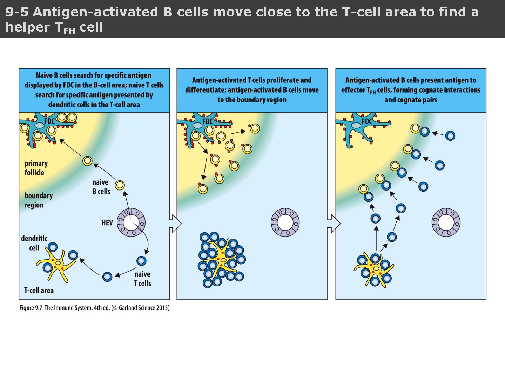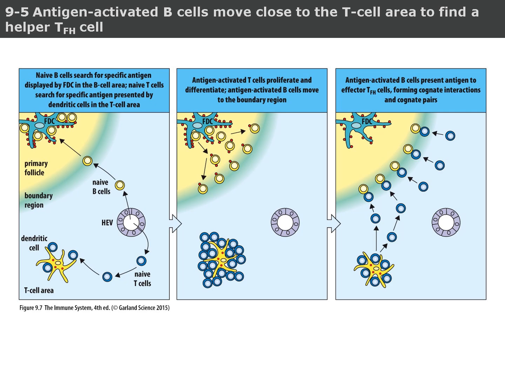In the middle panel, activated B cells begin to migrate toward the boundary region between the B cell and T cell areas, while activated T cells also proliferate and move in the same direction. Finally, in the third panel, antigen-activated B cells present antigen-derived peptides via MHC class II to T cells.